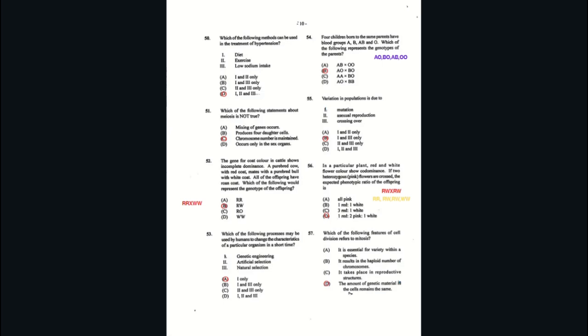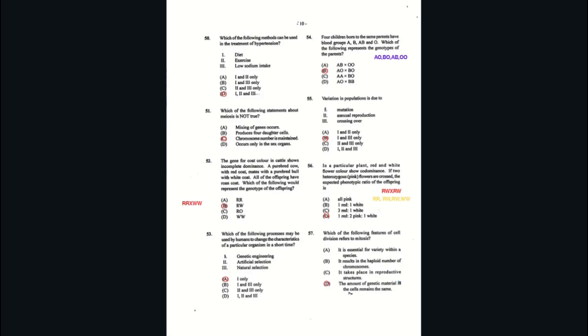Alright, so now we're at question number 50, and it says, which of the following methods can be used in the treatment of hypertension? So, hypertension, we're talking about high blood pressure, right? So since we're talking about high blood pressure, the answer is going to be D, so 1, 2, and 3. So basically all of them.